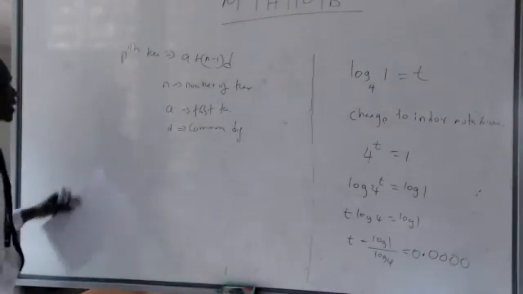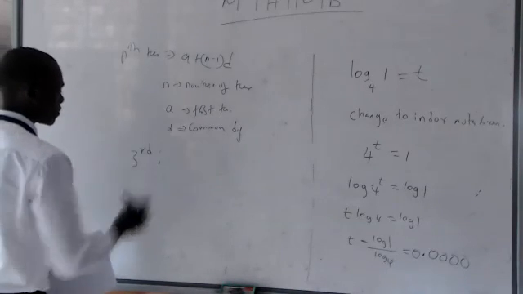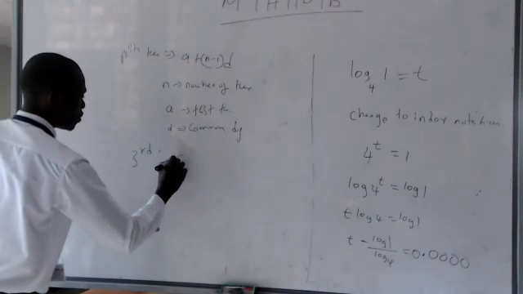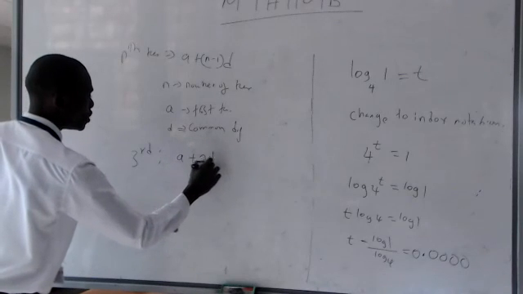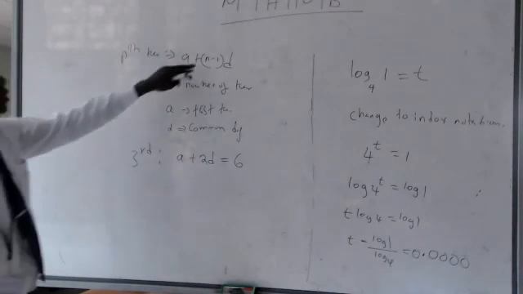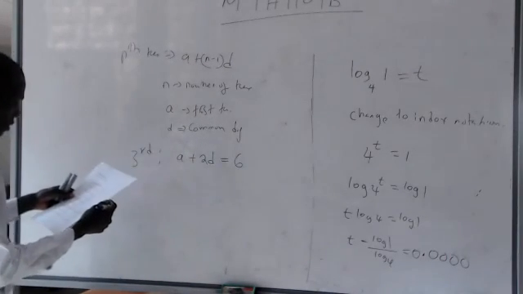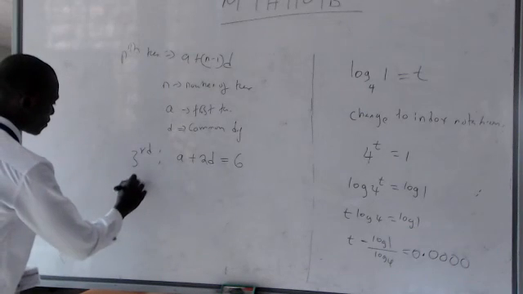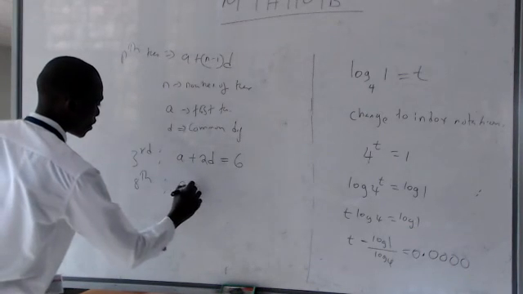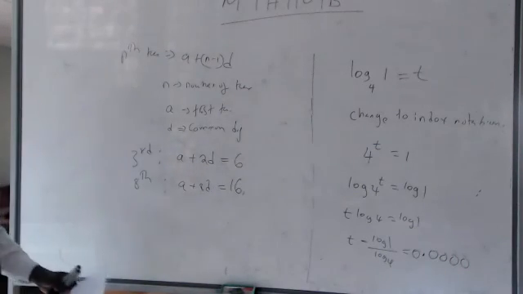Now we're being told the third term, so n is 3. Putting n as 3, we have a plus 2d, and that is 6. Then the 8th term: n is 8, so a plus 8d should give you 16.